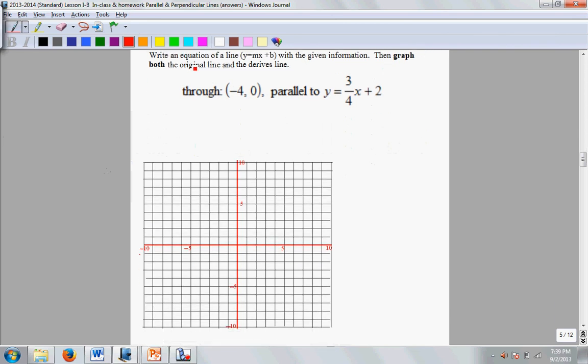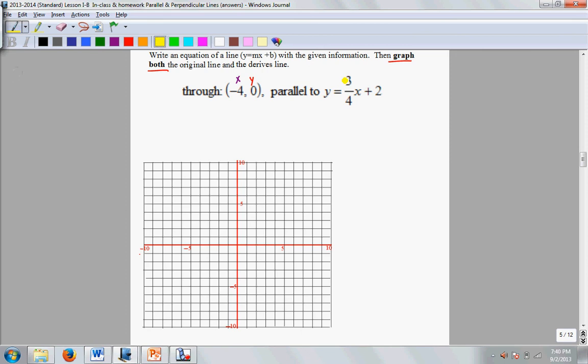It says, write an equation of a line with the given information, then graph both the original and the derived line. So we want to write an equation of a line that is parallel to y equals 3/4 x plus 2, but goes through this xy point. So there's your x and your y point, but we want it parallel.